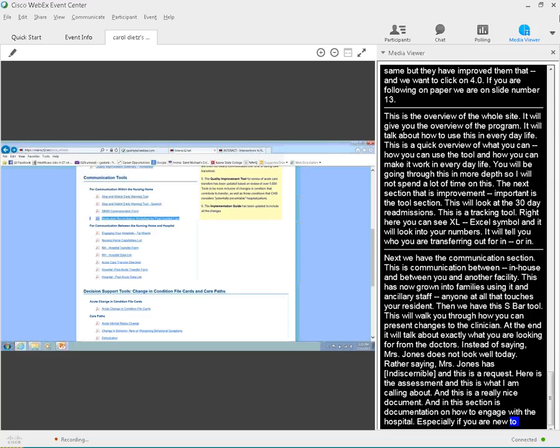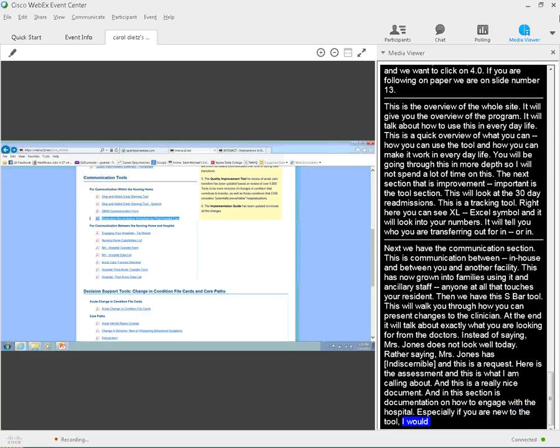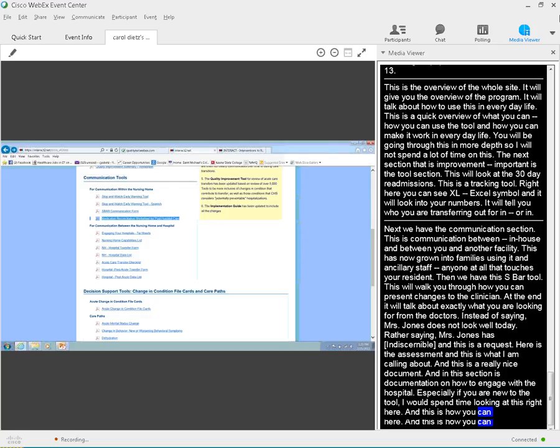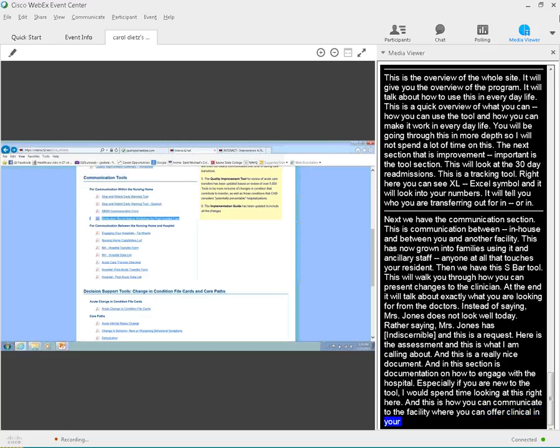The nursing home capabilities list is for you to be able to communicate to your acute care facilities what you're able to offer clinically within your own building. So if you send a person out, they can send them back because you're able to do A, B, C, and D. Again, as I said, we will go through each one of these tools in depth.